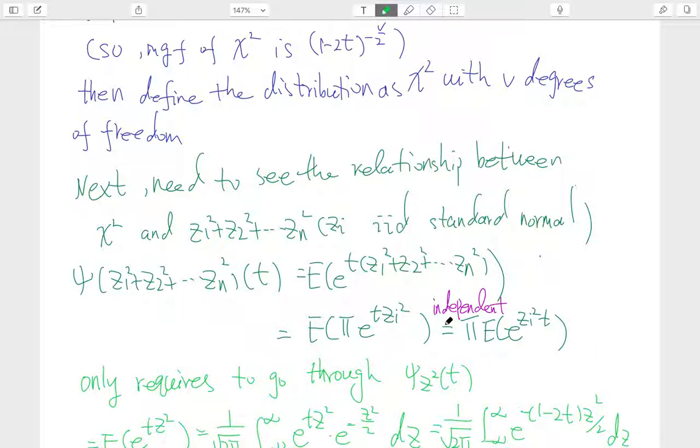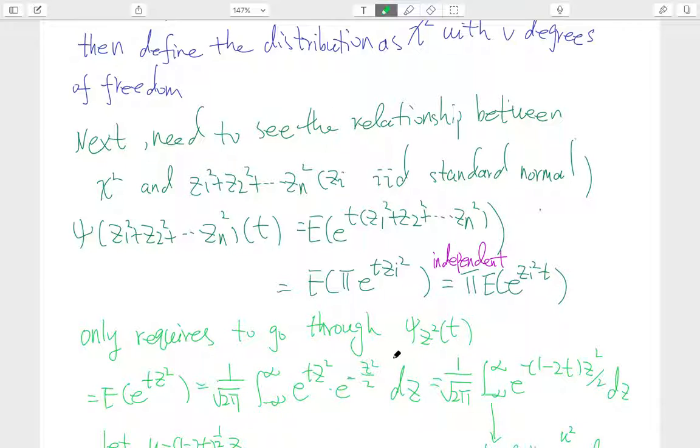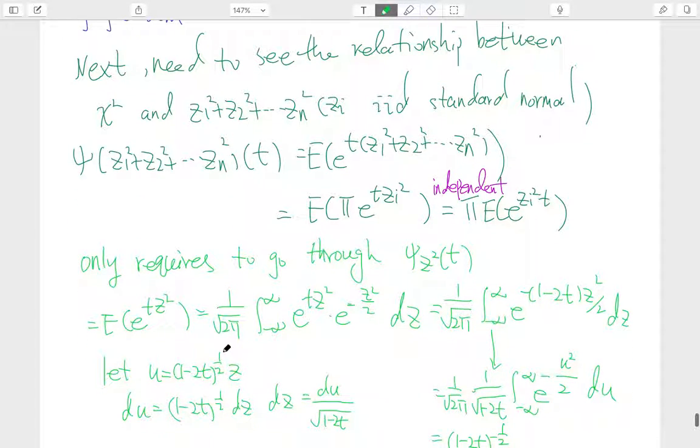And then by the independence property, because we have assumed that these n distributions are independent, you can take the product out, and each of these is just one single segment of the moment generating function of zi squared. And through this way, we reduce the question to finding the moment generating function of one specific z squared. And it's not hard to proceed.